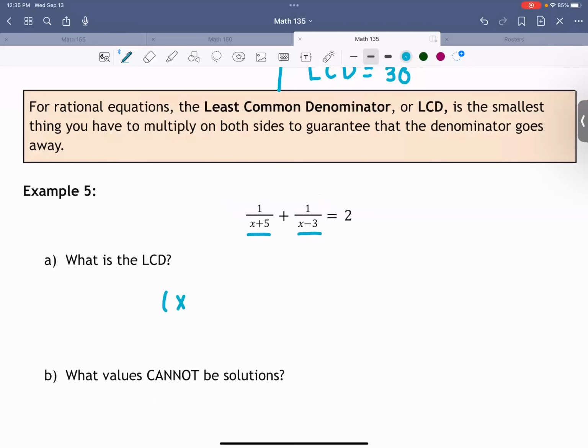The LCD is x plus 5 times x minus 3, okay? That's literally it. I know it looks weird because it's not a number, but it's the LCD because x minus 3 is different than x plus 5, so those two multiplied are my LCD, okay?